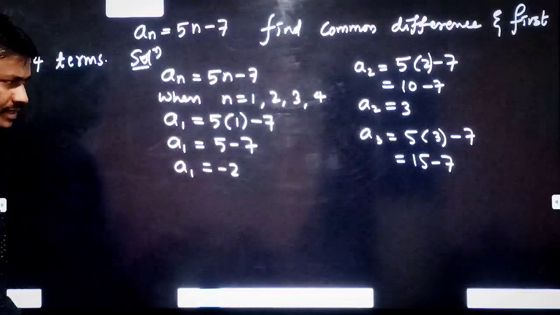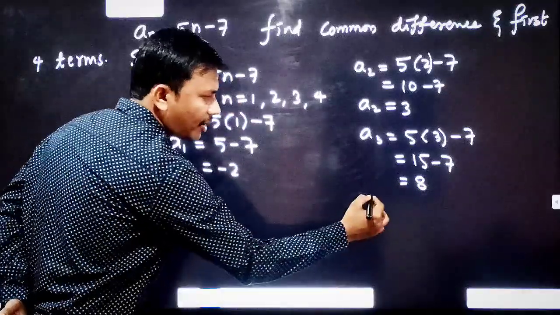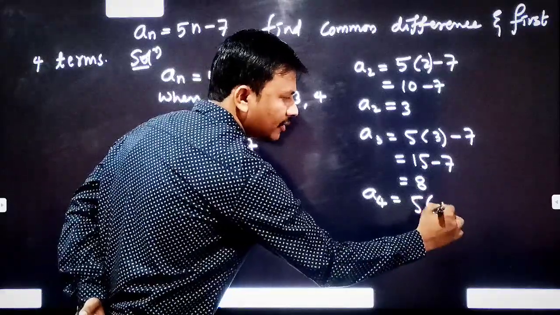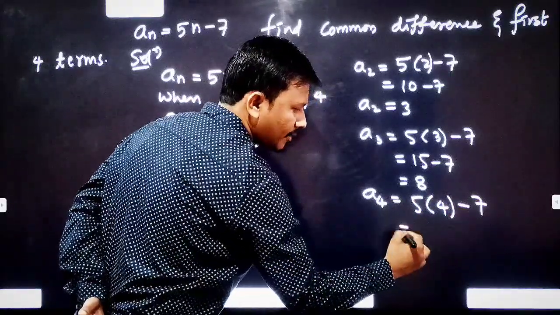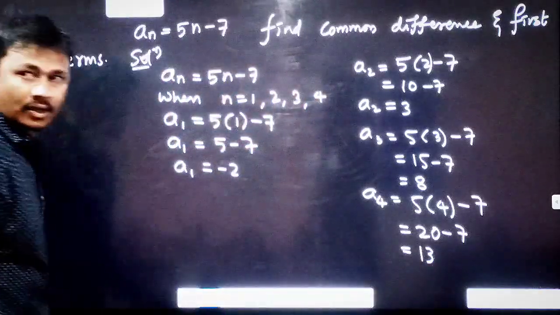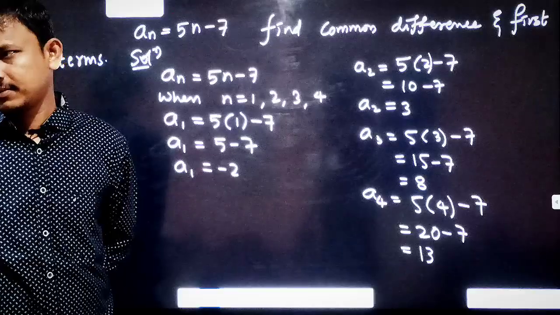Then 15 minus 7 is 8. This is equal to 8. Then a4 is equal to 5 in bracket, n is equal to 4, minus 7. 5 4s are 20 minus 7. This is equal to 13. We got the first term, second term, third term and fourth term.